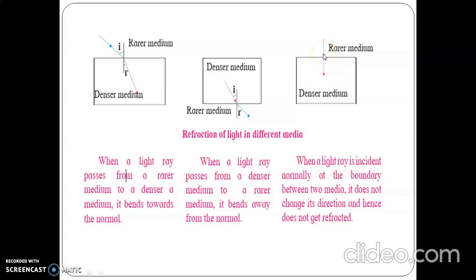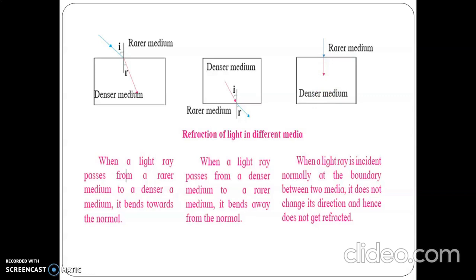So in this case we can say that there is no refraction as such, but it passes straight. It is coming from here, going into this denser medium and will move out. So there is no refraction as such when the incident ray is normal to the boundary between the media. I hope all these phenomena are clear to you.